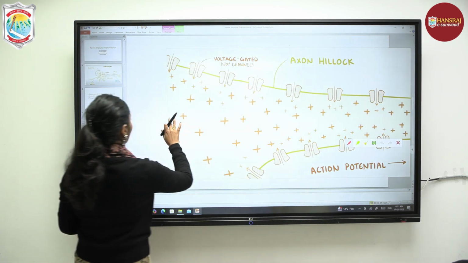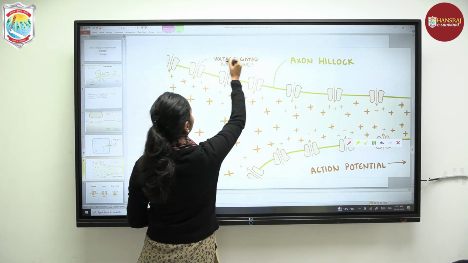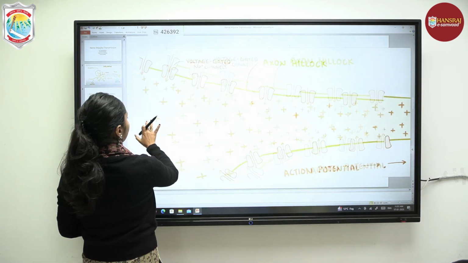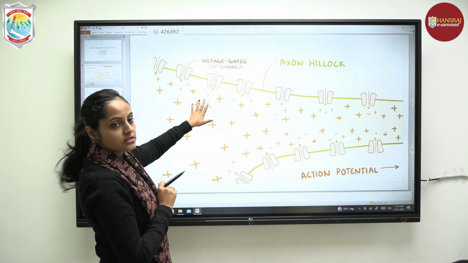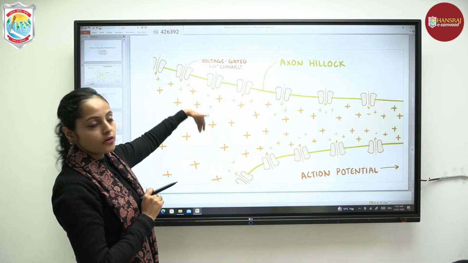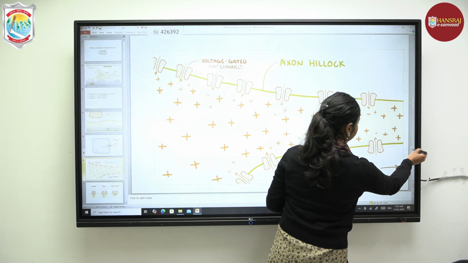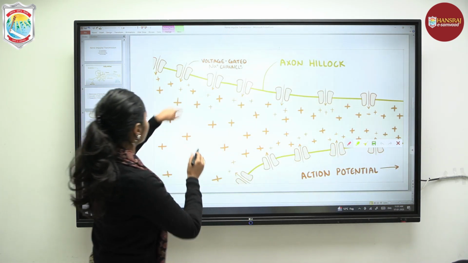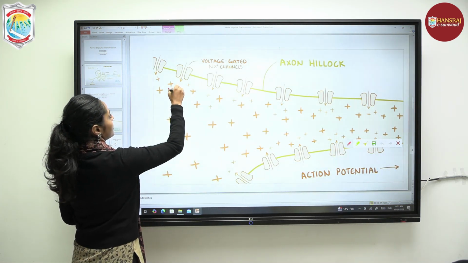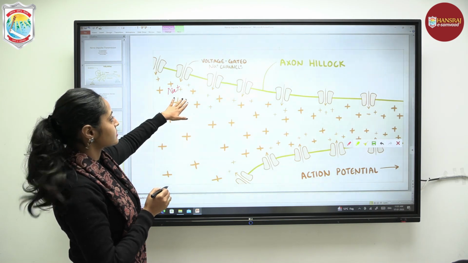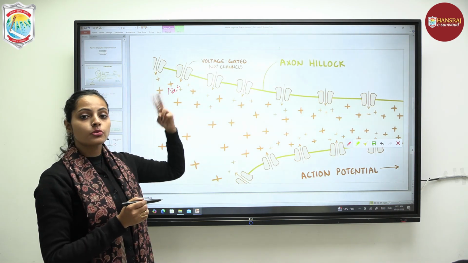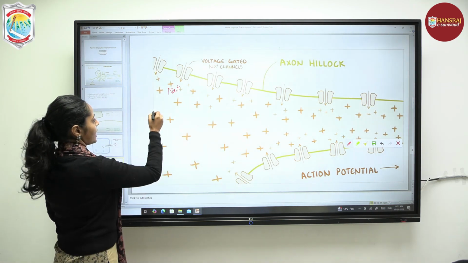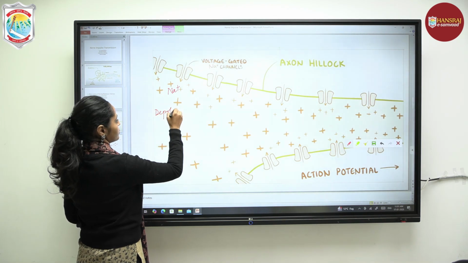It leads to the opening of voltage gated channels, as a result of which there is influx of sodium ions. So sodium ions will move in, making the inside positive, right? So there's a charge reversal again, that is known as depolarization.